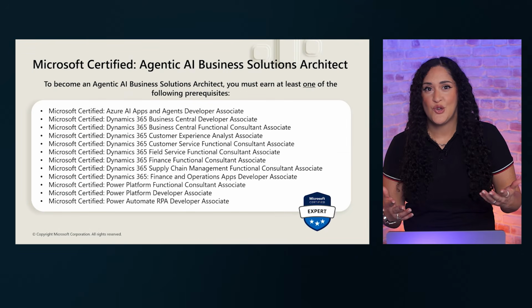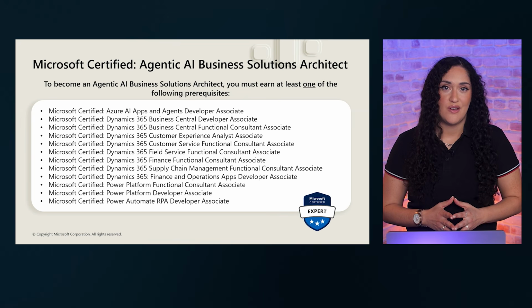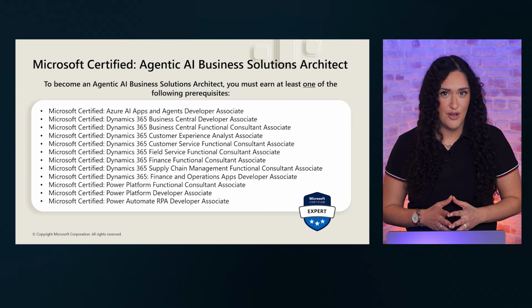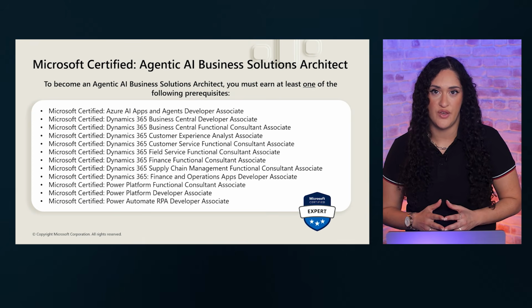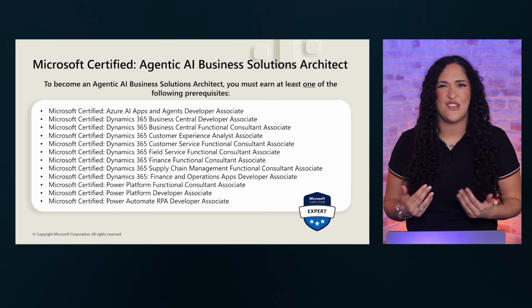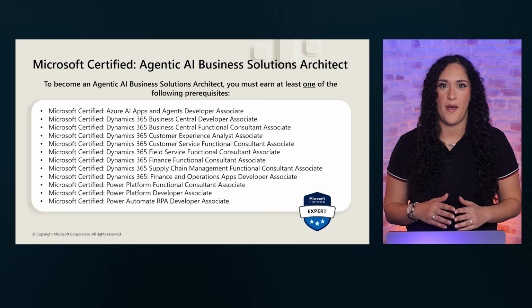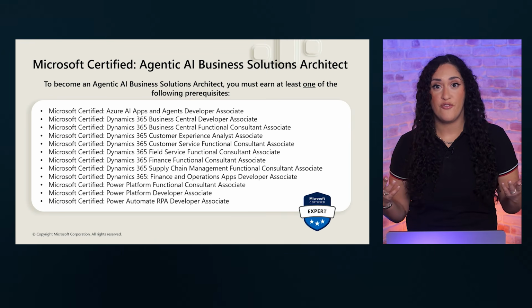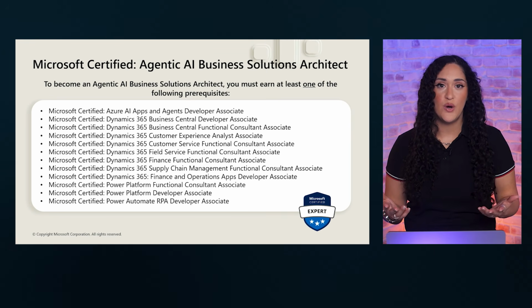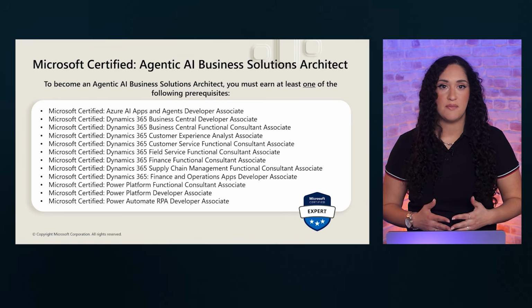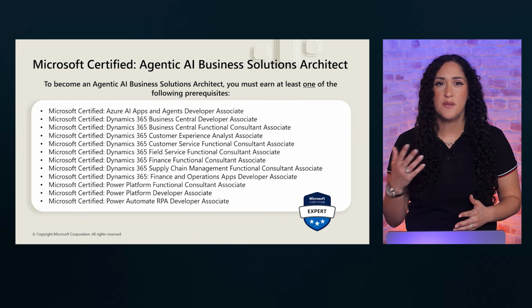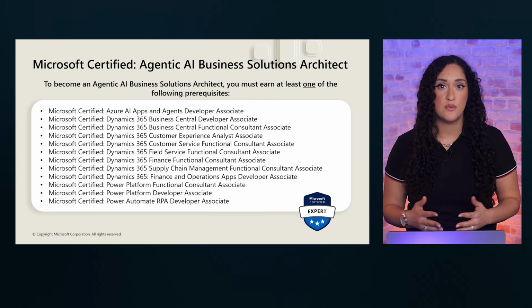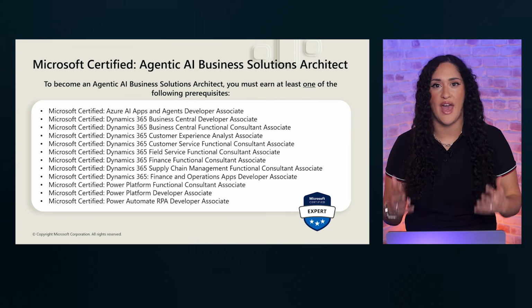So what does it take to earn the Agentic AI Business Solutions Architect certification? Great question. You'll need to already hold at least one prerequisite certification, and the good news is there are quite a few paths to qualify. If you're coming from the Dynamics 365 world, certifications like Business Central Developer, Finance Functional Consultant, Supply Chain Management, Customer Service or Field Service all count.